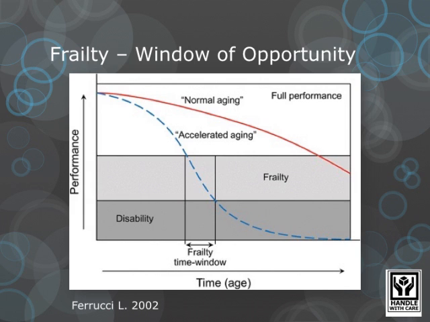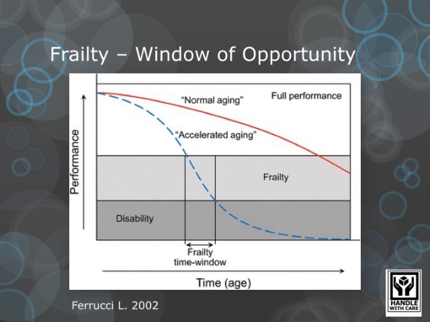So this person here in the red line is aging normally. And up on the top, they have full performance. At a certain point in their life, they start having some frailty, but it is not affecting them in such a way that it's causing them to have disability, and they die. For whatever reason, not sure.